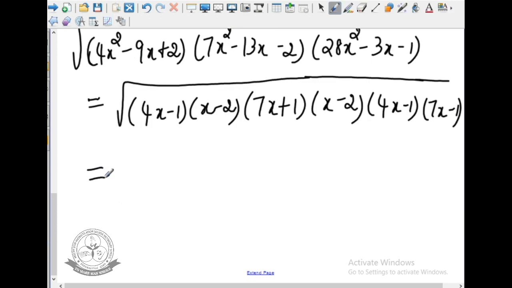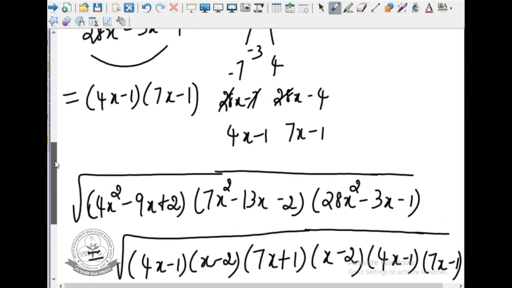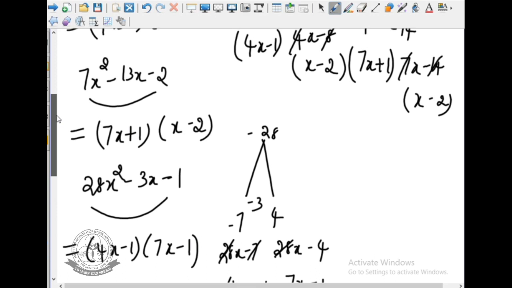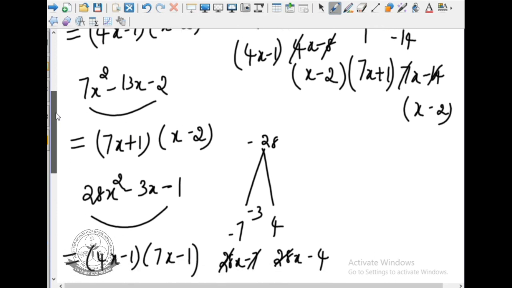It is equal to 4x − 1 repeated, x − 2 repeated, and 7x plus 1.